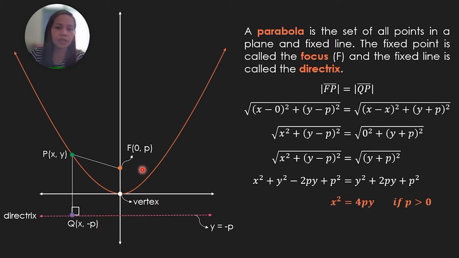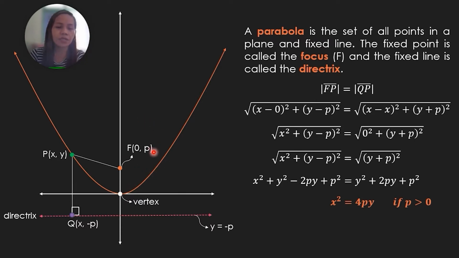Basically, we can say that the distance of our focus to the vertex is equal to the distance of the directrix to the vertex. Okay? The distance of our point F from the vertex, and the distance of the directrix line to the vertex, are the same.